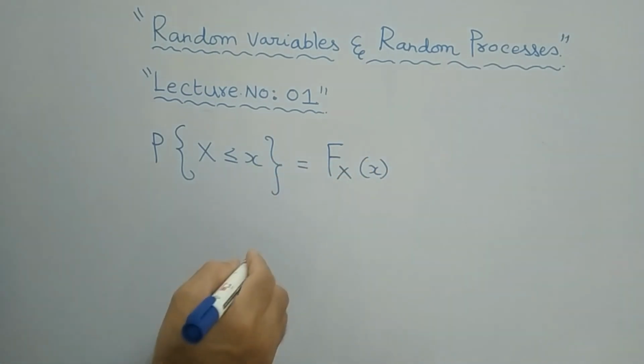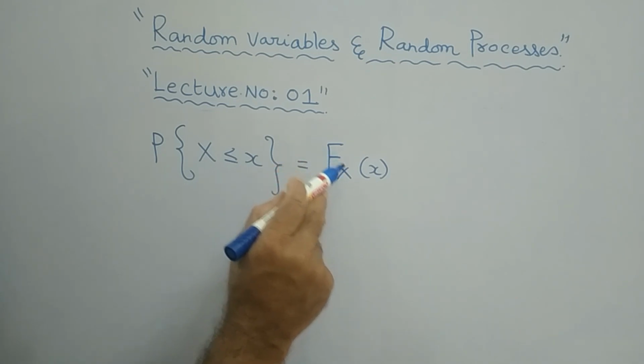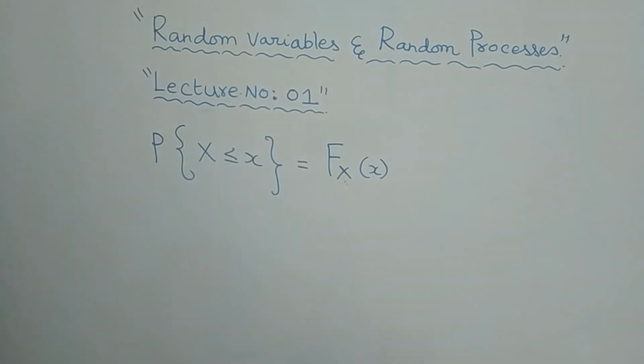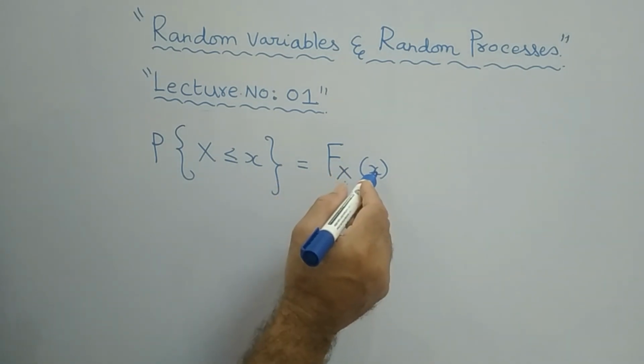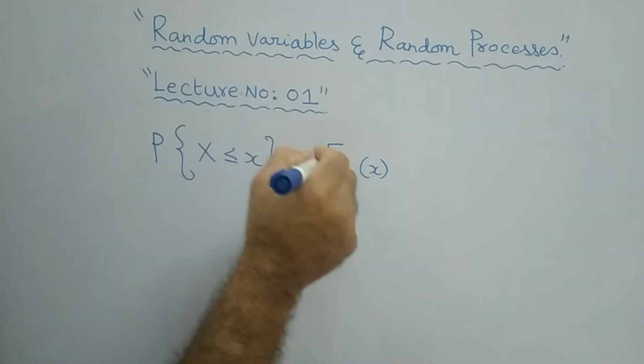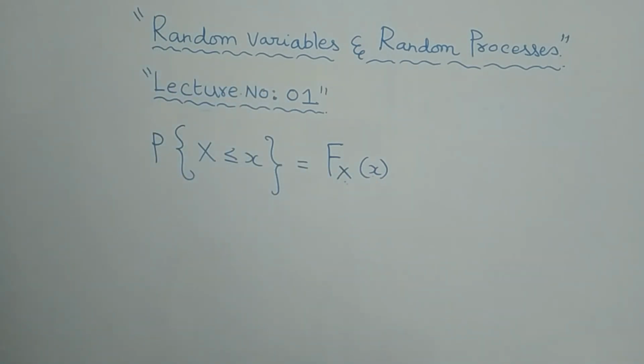What is the meaning of this? It is the distribution function of random variable X, and small x are the corresponding output values, the outcome values, of random variable capital X.